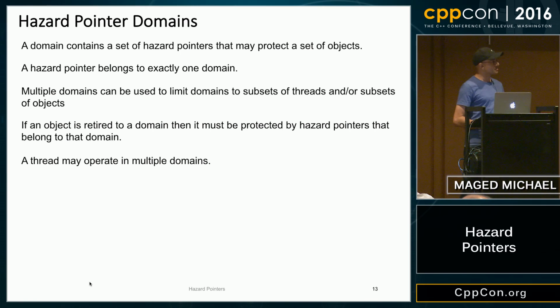But it's good to allow multiple domains, because you can think of two threads communicating using a data structure. Why would they bother checking the hazard pointers of 1,000 other threads that are doing something else using hazard pointers that doesn't apply to the special communication between them? So it is savings in space and time to allow multiple domains. A thread might operate in multiple domains, depending on what objects they are using at the time.